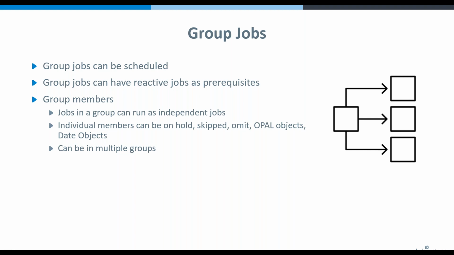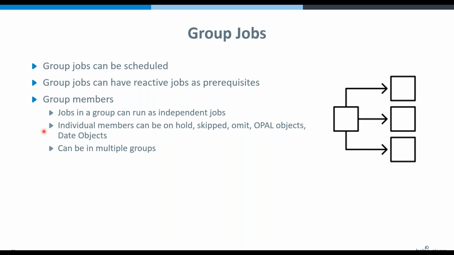Those group jobs can have dependencies. A group job can react to another group job, or it can react to an event, et cetera. It can react just like another reactive job. And then the individual group members have flexibility. Okay, so the individual group members could run outside of the group. They could run inside of the group.